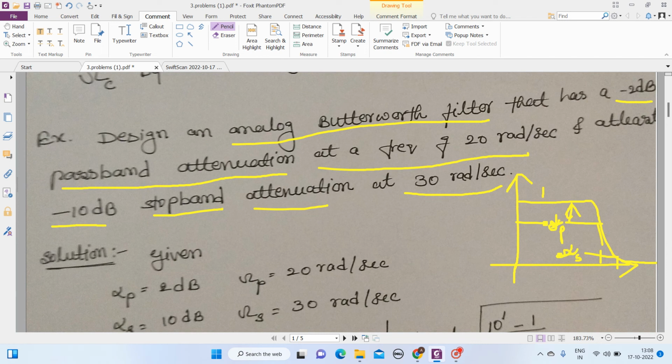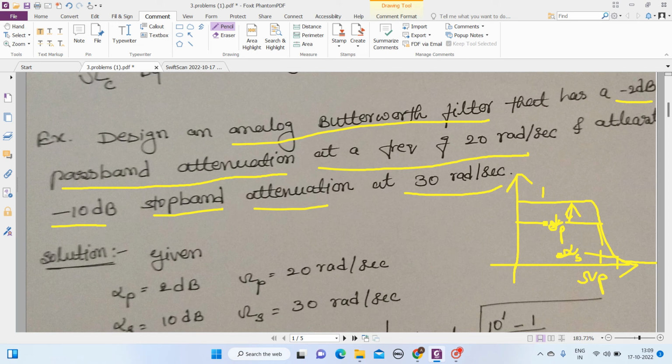For frequencies, pass band frequency, for representation we will use this symbol. We call this one omega, right? For analog, we will represent using this one. It looks like the unit of resistance, right? Ohm, right? So this is the pass band frequency.